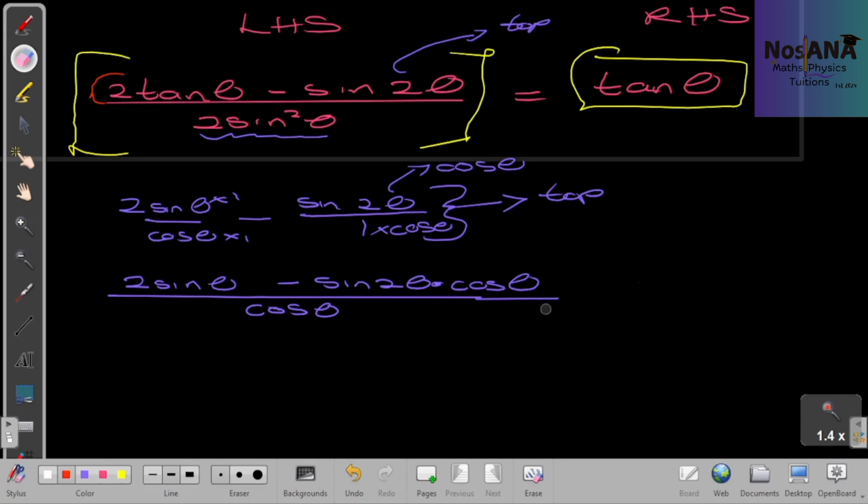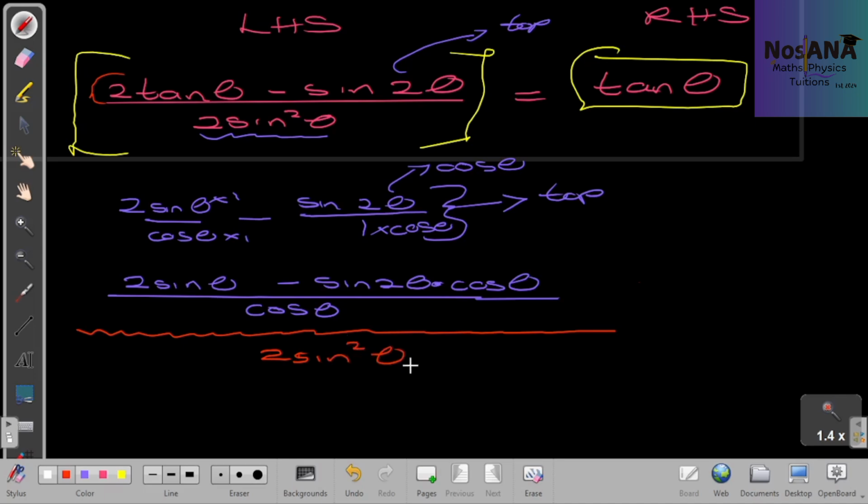Now I want to write the other fraction that I'm dividing with, which is the one coming from the question. We have 2 sine squared theta, but notice that it is over 1. It is always over 1.